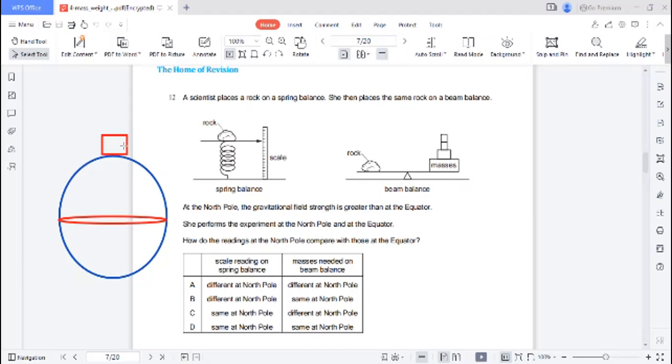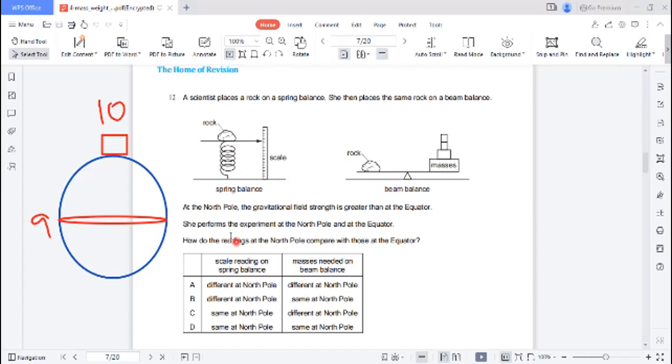At the North Pole, the gravitational field strength is greater than at the equator. So suppose gravitational field strength is 10 here, and gravitational field strength is 9 here. We are just assuming.